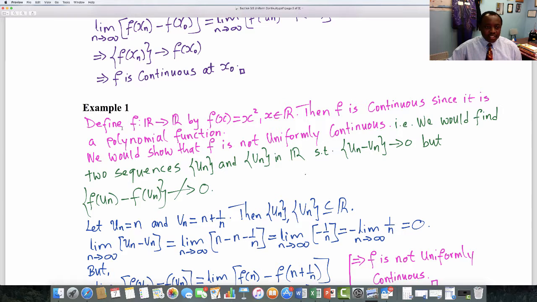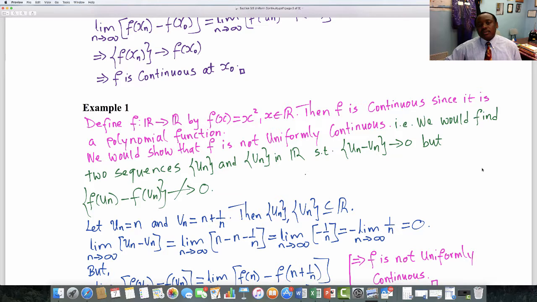Example 1. Define f to be a function from the set of real numbers to the set of real numbers by f of x equals x squared, x is in R. Then f is a continuous function as a polynomial function. f is continuous on the entire set of real numbers. So we have a continuous function. Is it uniformly continuous?